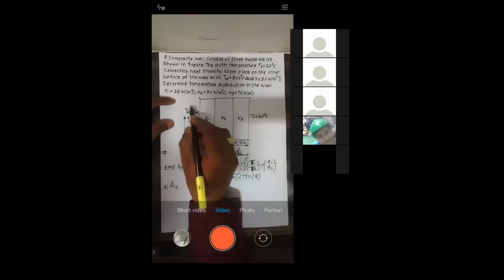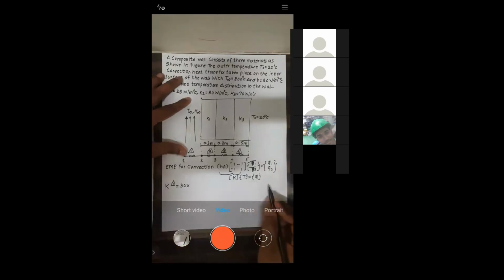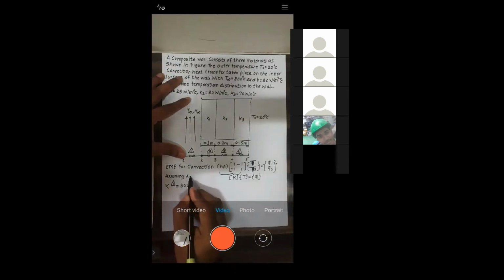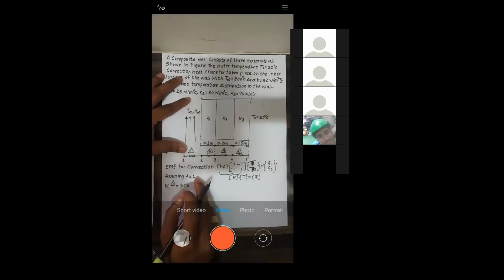What is H? H is given. Heat transfer coefficient 30. H into A. All of you see here, A is not given. Right? So we will assume the value of A as 1. See what I am writing here: assuming A equal to 1.